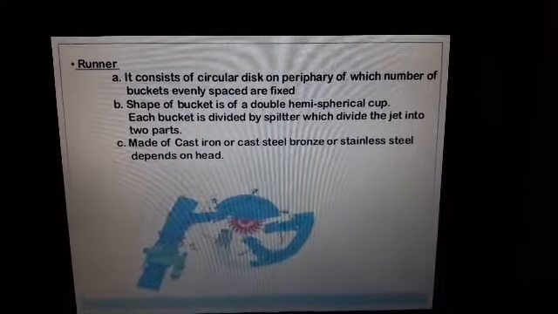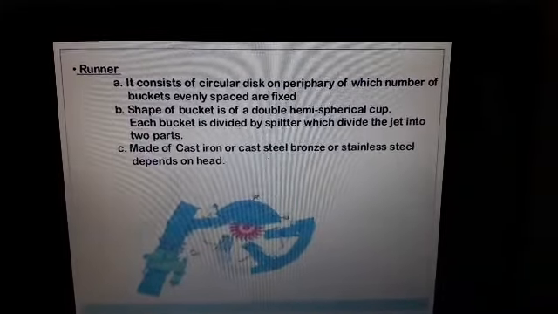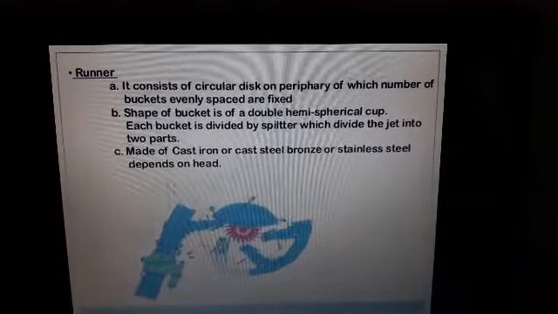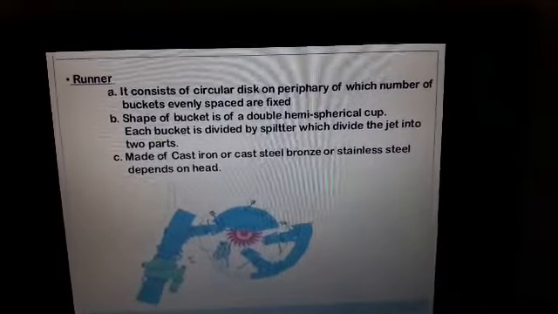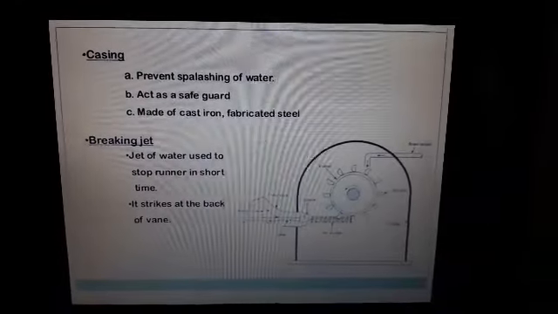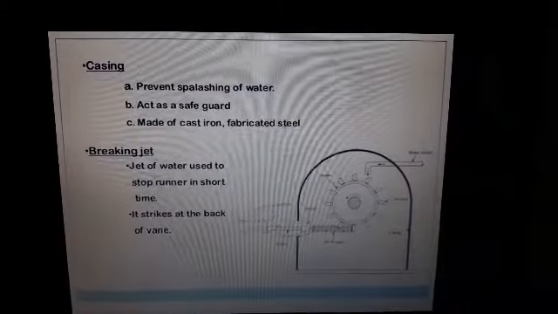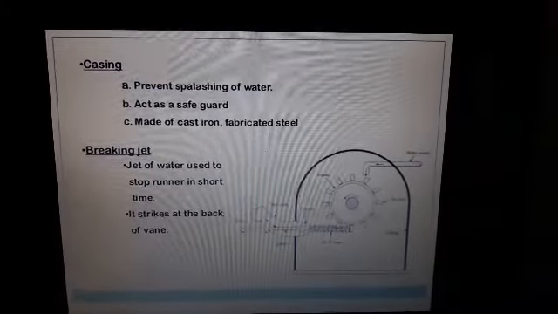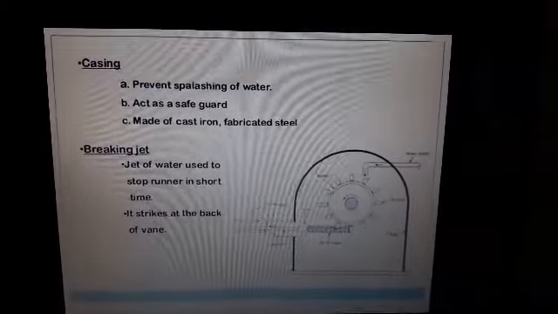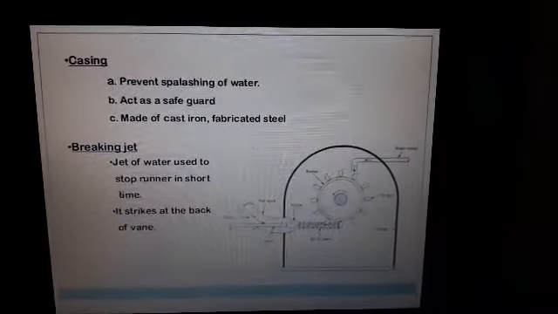The runner of the turbine is made of cast iron, cast steel, bronze or stainless steel, depending upon the type of head required. As we already discussed, the casing is used to prevent the splashing of the water. It also acts as a safeguard, and the casing is made of cast iron or fabricated steel.